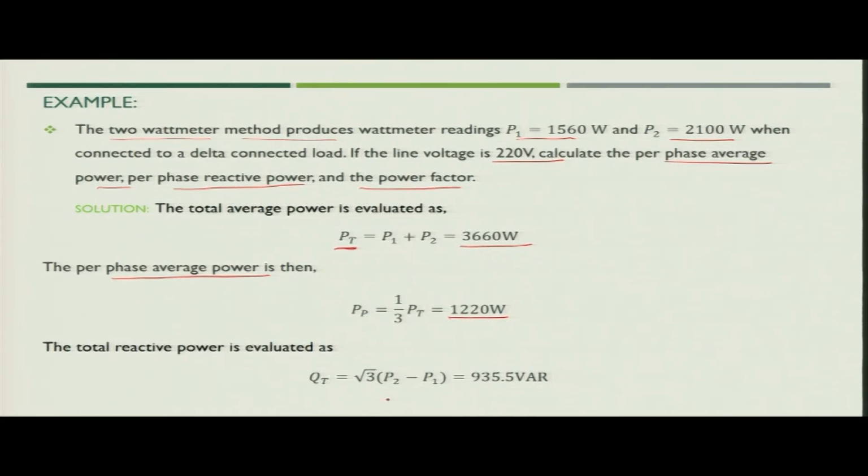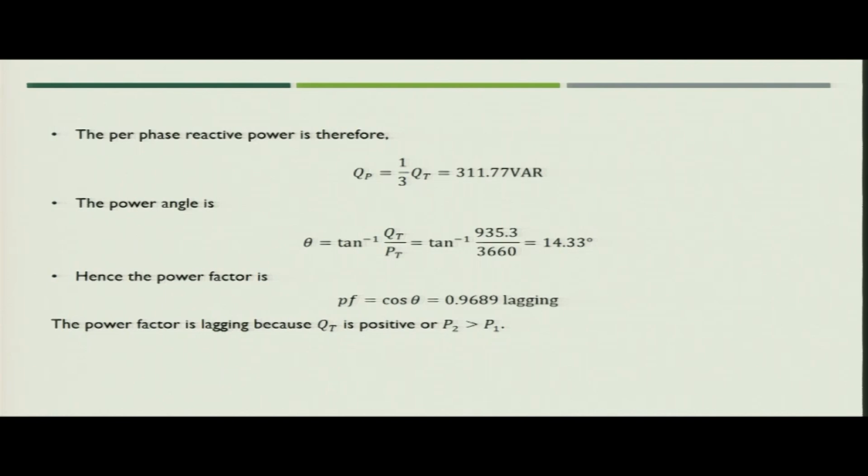Now, total reactive power you will get equal to root 3 into (P2 minus P1). So, you will get 935.5 var. So, per phase reactive power you will get as 1/3 of total power, that is 311.77 var. The power angle you can quickly calculate, theta is equal to tan inverse of QT upon PT.